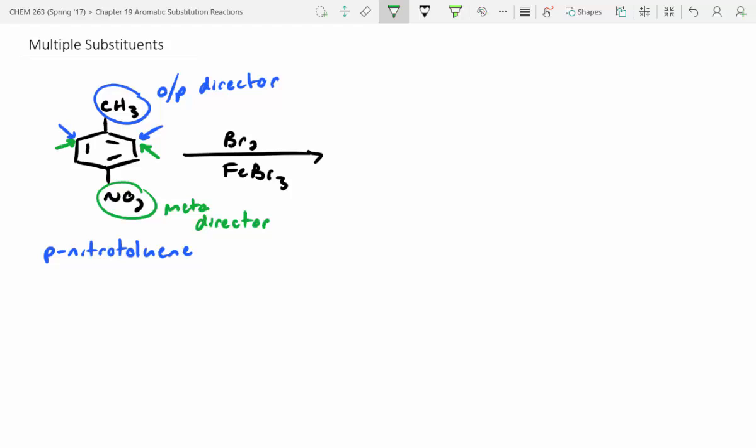So if we brominate this, it's guaranteed that that bromination is going to occur at that upper carbon and not the bottom one. So we could put in our CH3, and let's assume we have one equivalent. We can brominate that carbon. If we added two equivalents, we could brominate both of them, right? So we can over-brominate it if we would like.